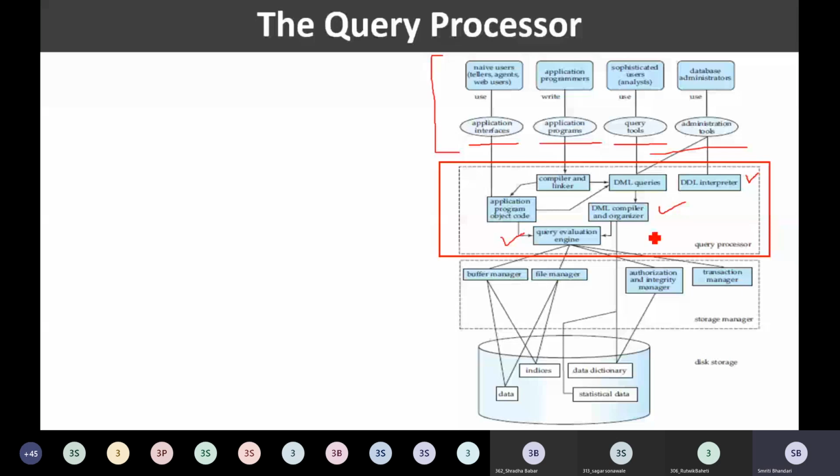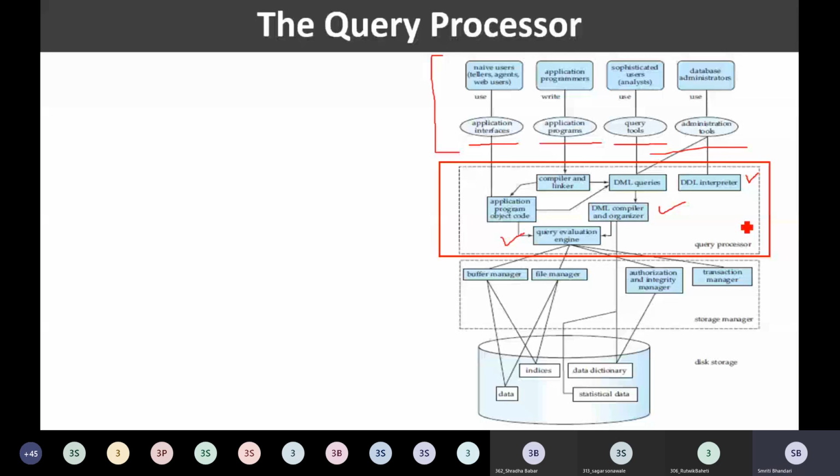So what is the role of this DDL interpreter? This DDL interpreter interprets the DDL statements, the statements written in data definition language. After interpreting these DDL statements, the definitions of different tables in the system are stored in my data dictionary.